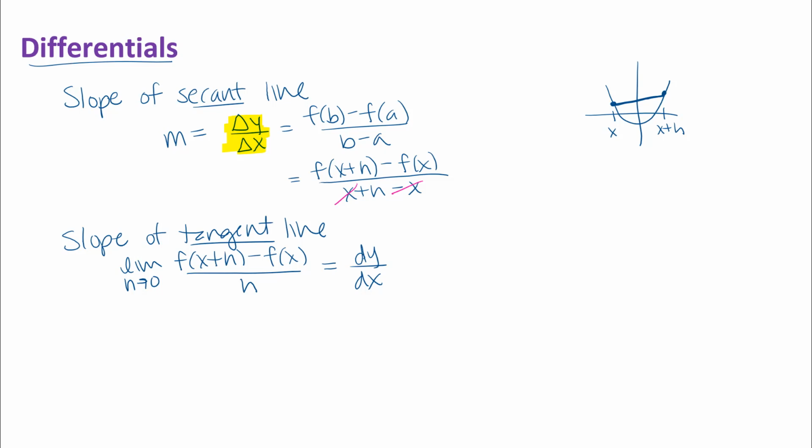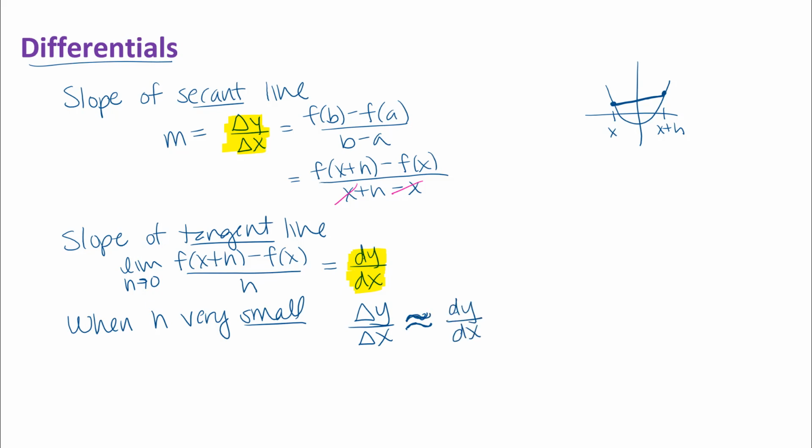But that's very similar to this Leibniz notation dy dx. They're not the same thing, but when h is really small, provided that derivative exists, the slope of the secant line is very close to, so I'm going to use approximately equal to, dy over dx.